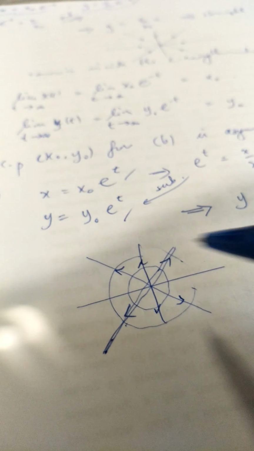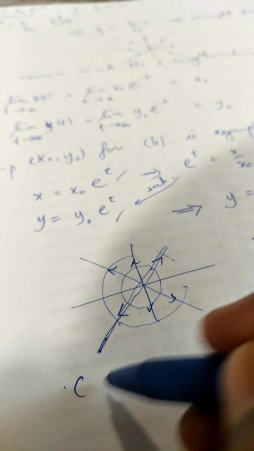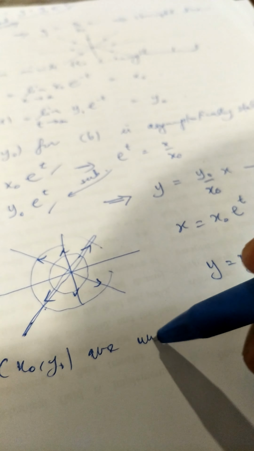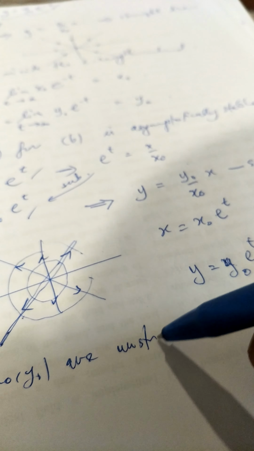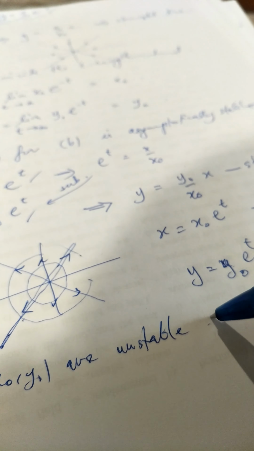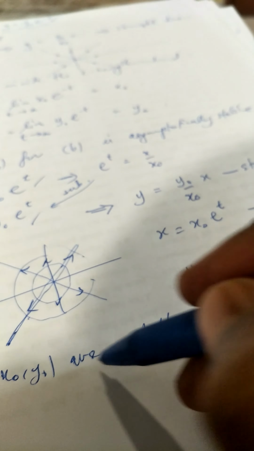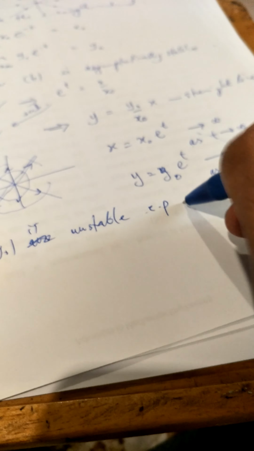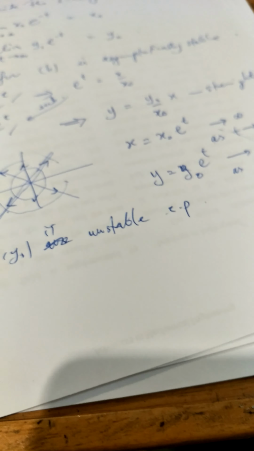Therefore, in this case, the critical point x naught y naught is unstable.